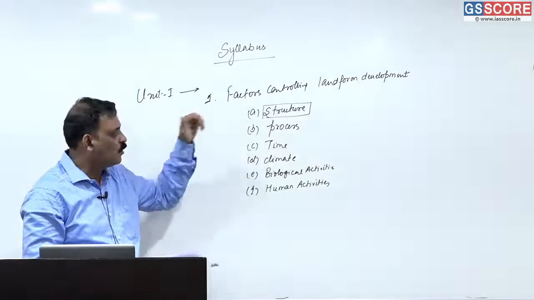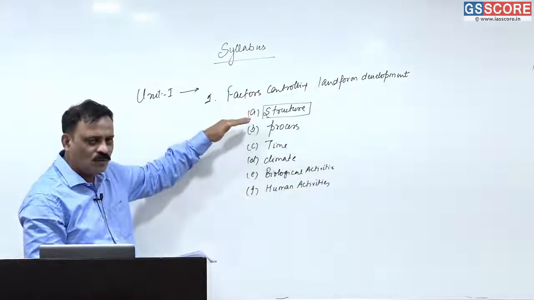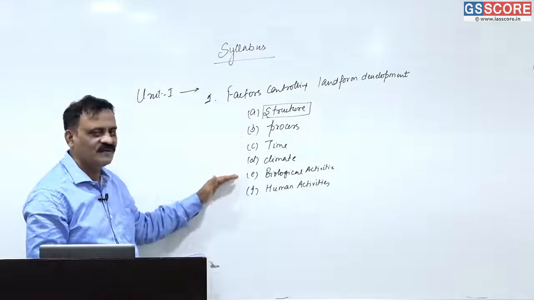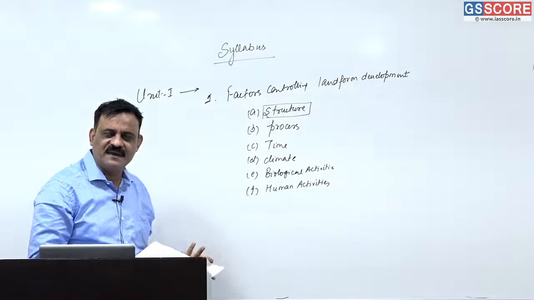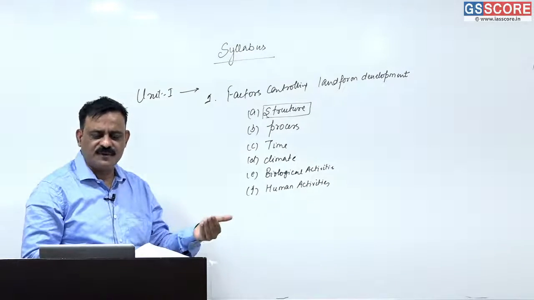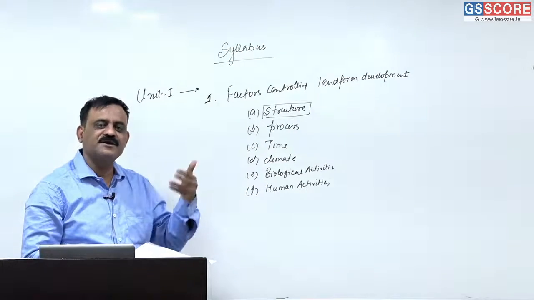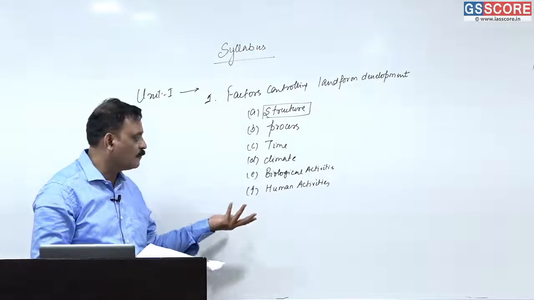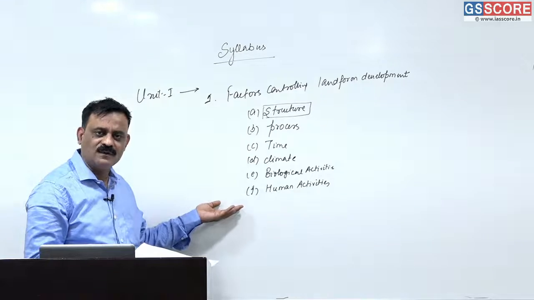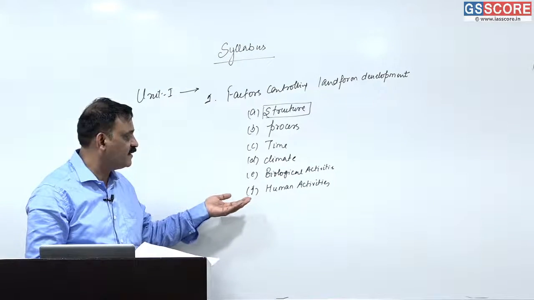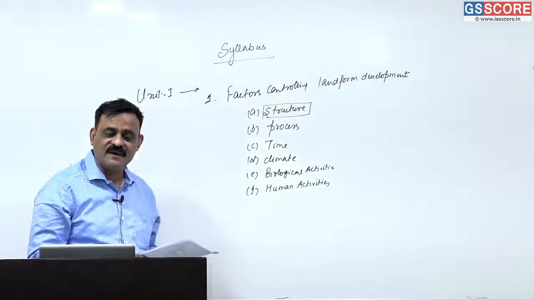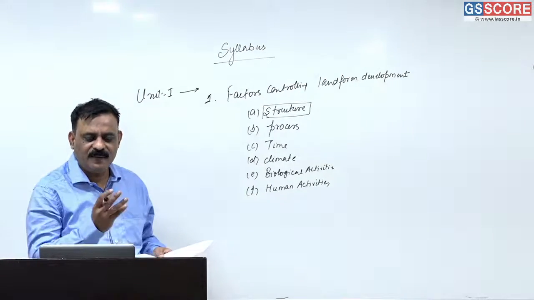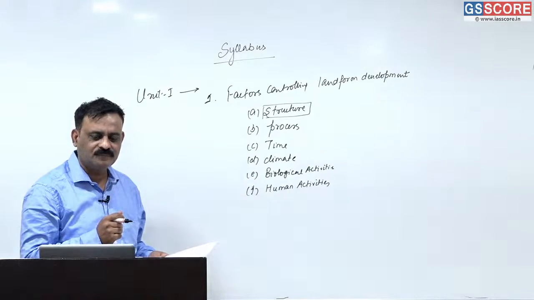So there can be a question related to any of the factors. It could be a single question related to any one factor, such as how biological activities, which vary from one place to another, contribute to the variations of a landform. Even human or anthropogenic activities: how are anthropogenic activities bringing complexities into landform development? This can also be part of a question.